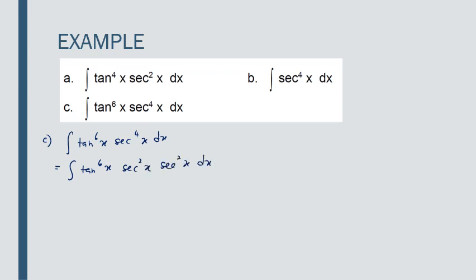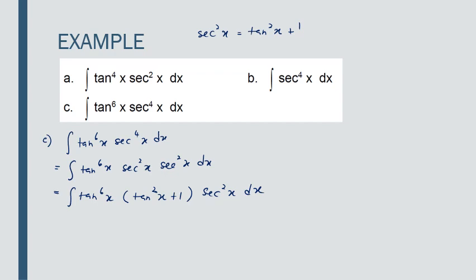Okay, and then using the identity. What is the identity we want to use? Secant square x equal to tangent square x plus 1, right? So it is equal to integrate tangent power of 6 x, we replace this, tangent square x plus 1, secant square x dx.